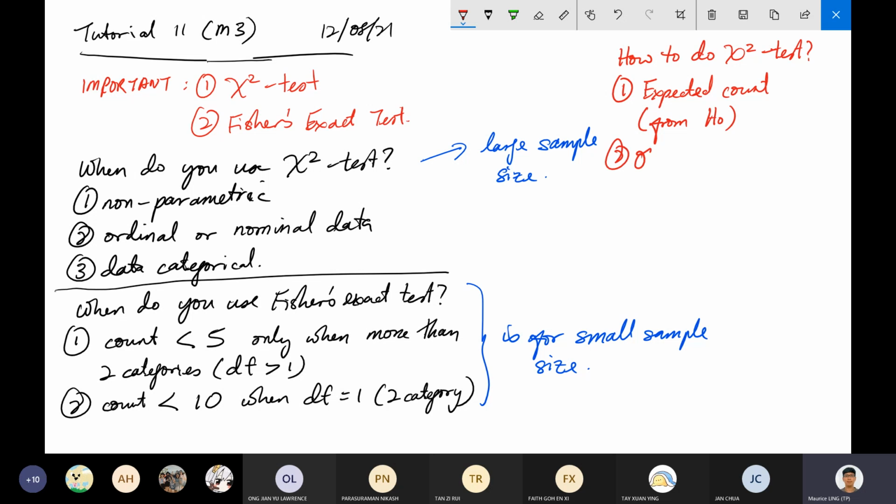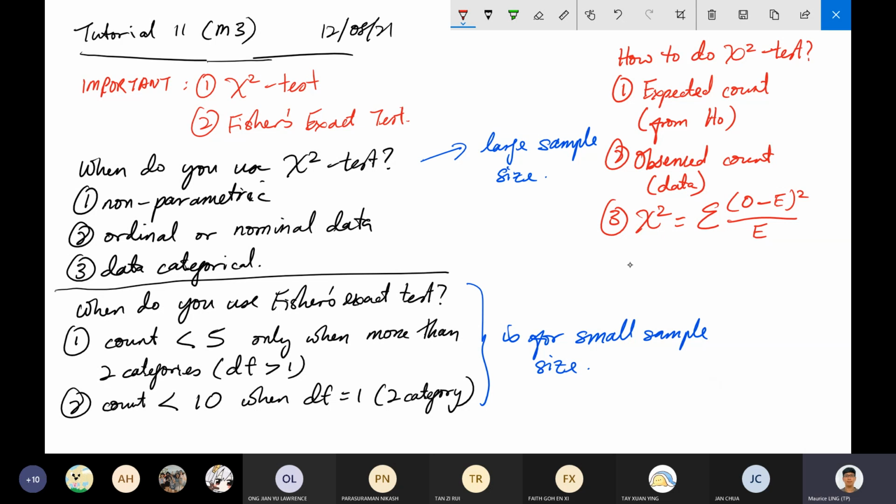Then you have another one called observed count. Observed count is essentially your data. From then on, the third step, you do your Chi-Square Statistic, which is essentially the observed minus expected square divide by expected.